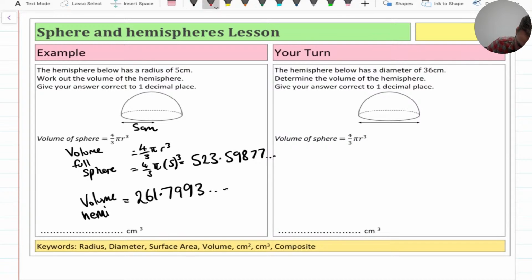And if we want this to 1 decimal place, we're going to put our line here, and this means we're going to round up. So that's going to be 261.8 centimetres cubed. Brilliant.